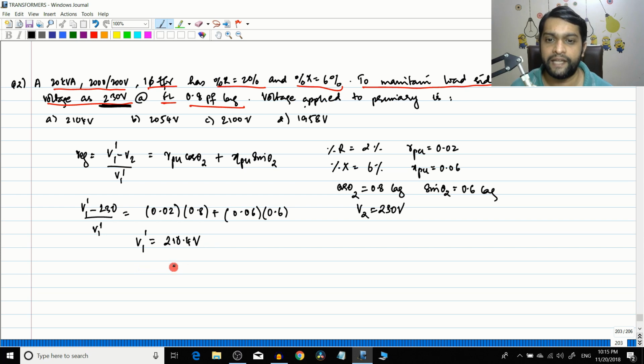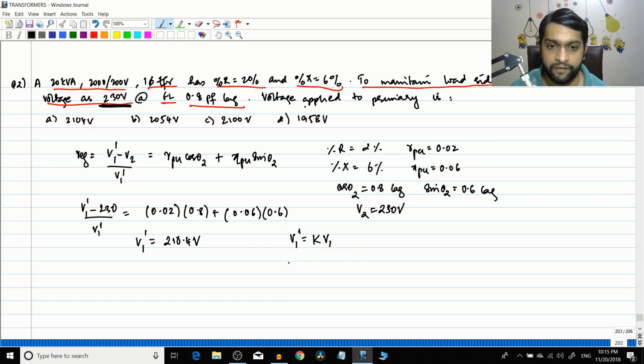Now you have to find the value of V1, not V1'. You know that V1' and V1 are related by the formula V1' equals K into V1. This is a basic transformer equation, like E2 equals K into V1.